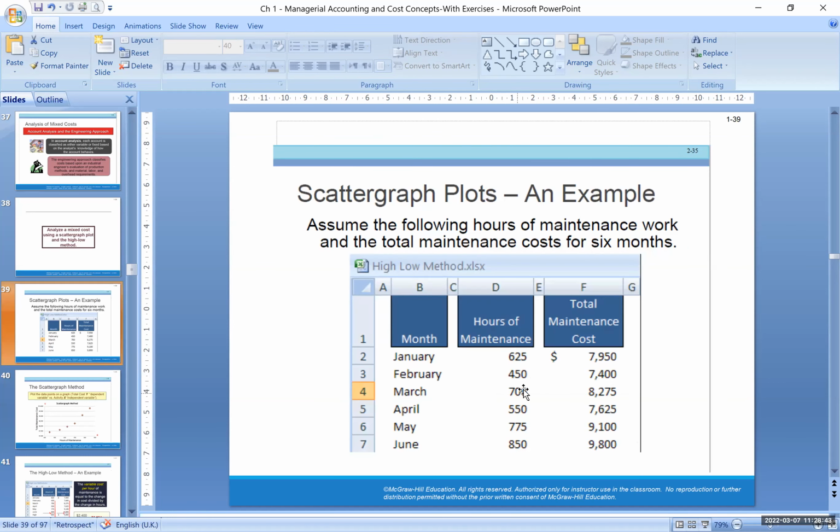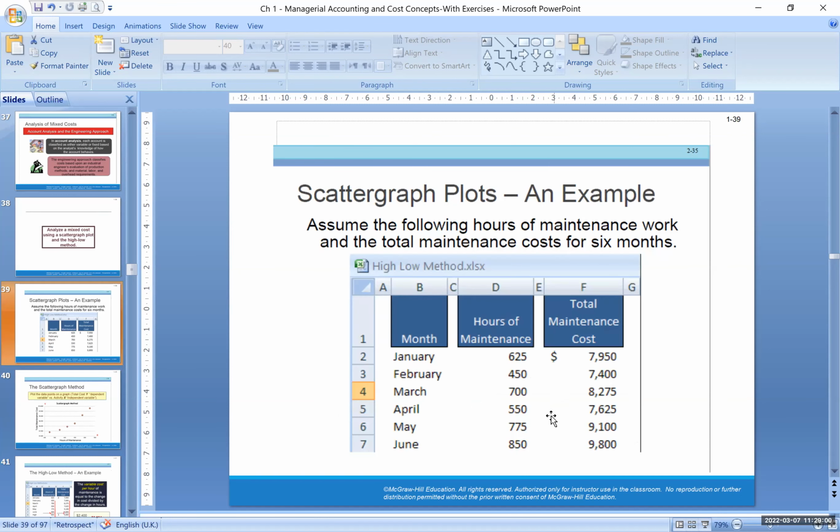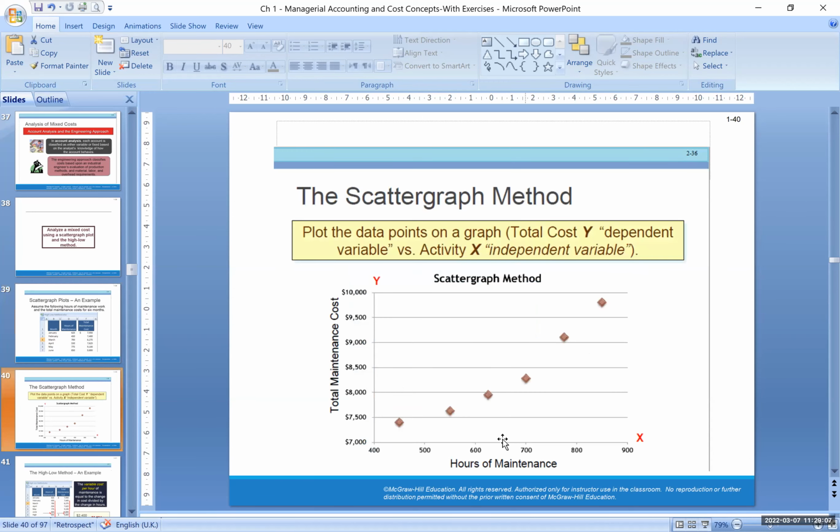The second one will be the 550 of April with 7,625, and we would put a plot joining the two amounts. The third one will be 625 with 7,950 in the graph, and at the end of the 6 months we have 6 plots representing the 6 months.